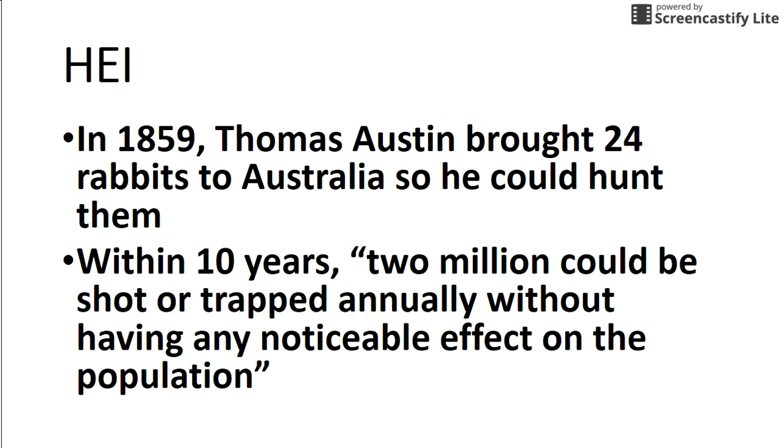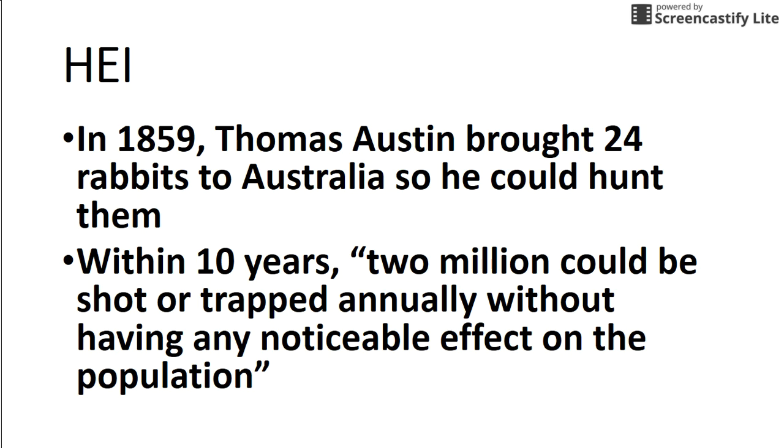However, within 10 years, it says 2 million could be shot or trapped annually without having any noticeable effect on the population. Now, the reason for this relates to that idea of mating like rabbits. I learned earlier that I think two rabbits can have 184 descendants in 18 months.